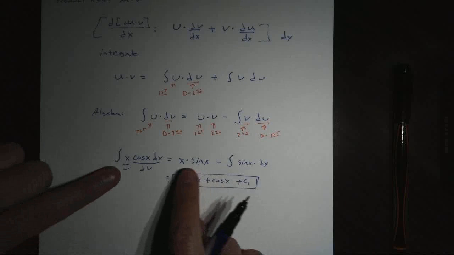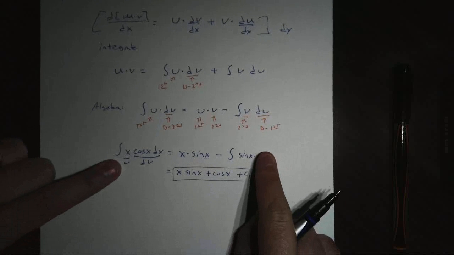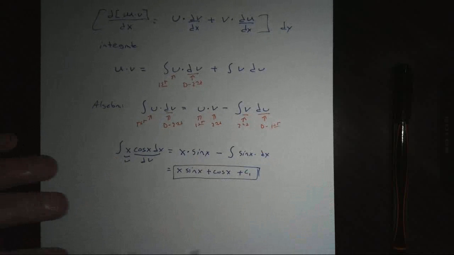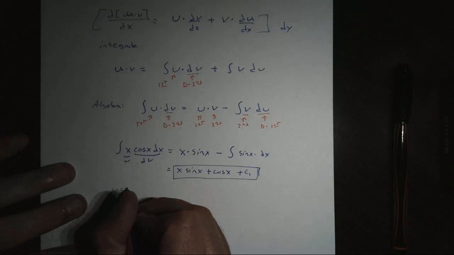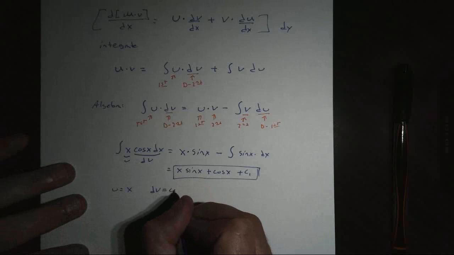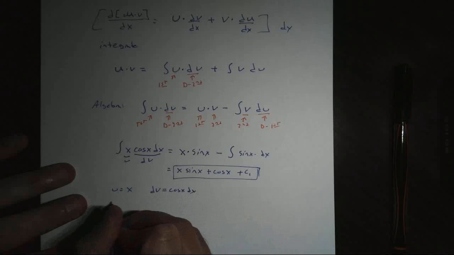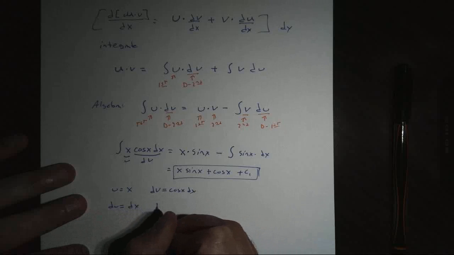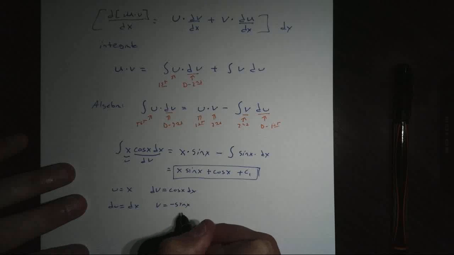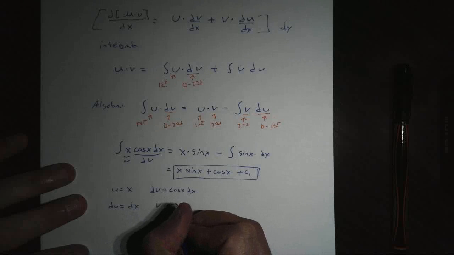Very easy to do. Now, I don't like this method. I still will always tell people it's always better to list it out. u equals x, dv equals cosine of x dx, du equals just dx, v equals negative sine of x. Oops, sorry, positive sine of x.